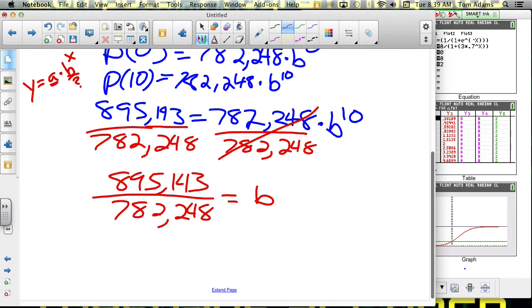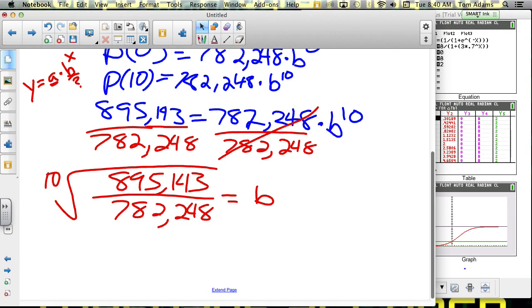Well, how would I get rid of b to the 10? I could take the 10th root of both sides. The 10th root, Mr. Adams, that looks kind of complicated. Well, it is. So now how do I find a number value? What is the 10th root of all that stuff?